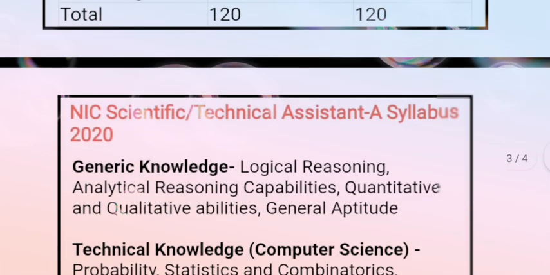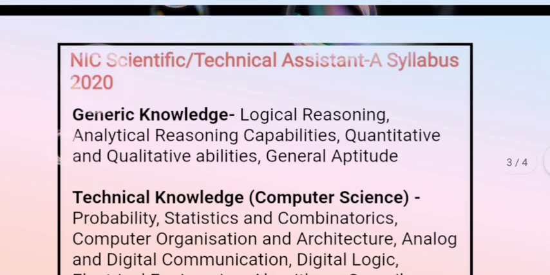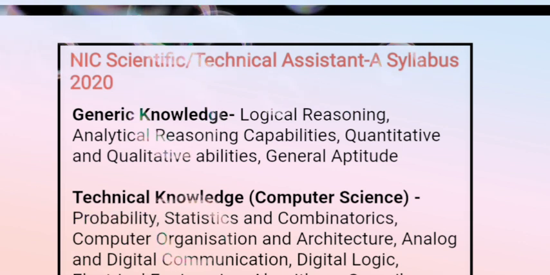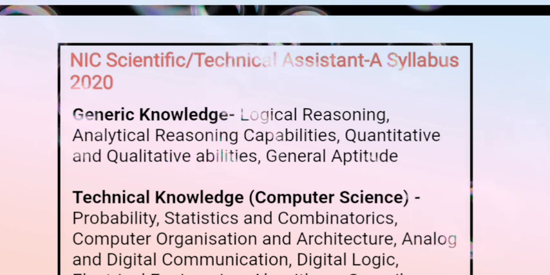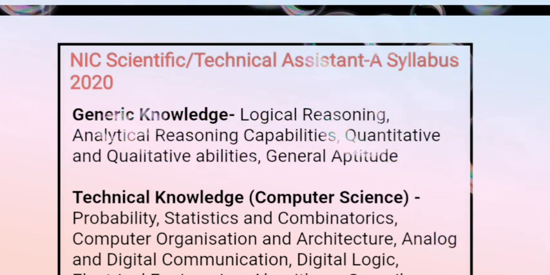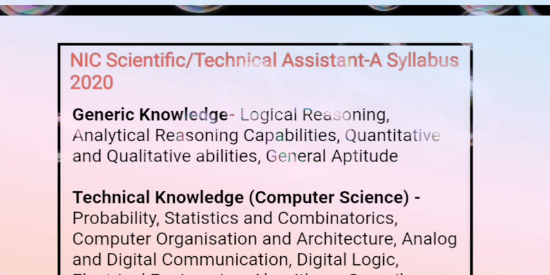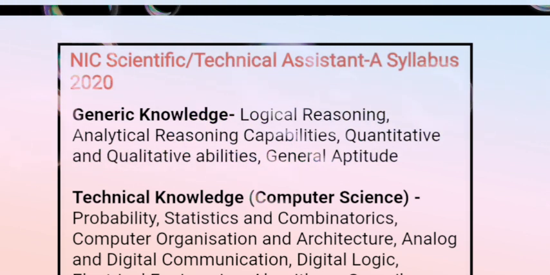Now come to the next, that is the NIC Scientific Technical Assistant A syllabus. Here also it is divided into two parts, generic knowledge and technical knowledge. The generic knowledge is similar to the above pattern of Scientist B. The subpoints and topics are logical reasoning, analytical reasoning capabilities, quantitative and qualitative abilities and general aptitude.